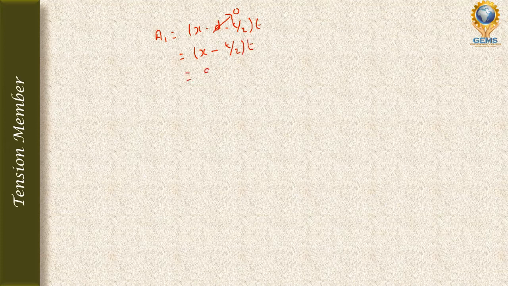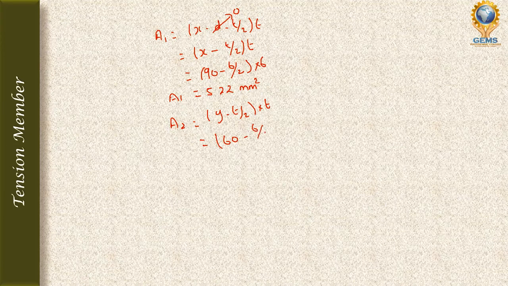So x is 90 minus t is 6 by 2 into 6. We will get 522 mm². This is A1. Then what is A2? That is y minus t by 2 into t, where y is 60 minus t is 6 by 2 into 6. So we will get 342 mm².